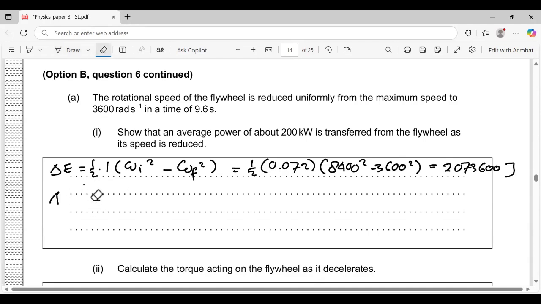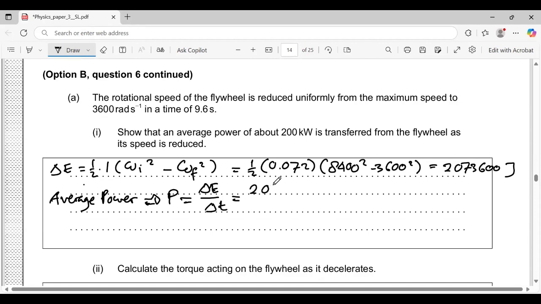And the average power, P, equals delta E over delta T. We have 2,073,600 over 9.6, which equals 216,000 watts, or converted to kilowatts, 216 kilowatts.